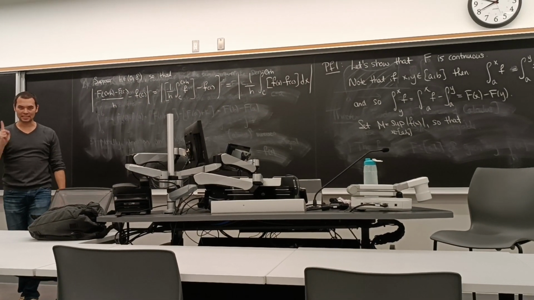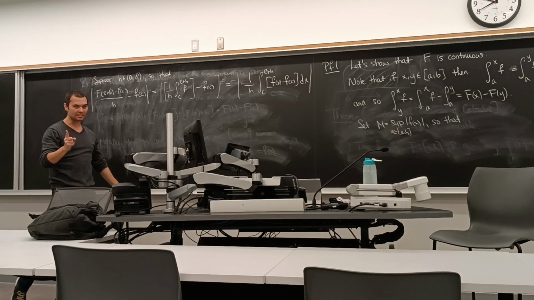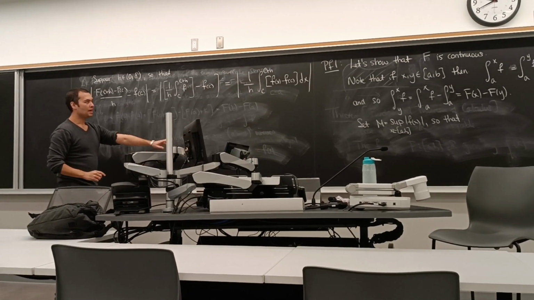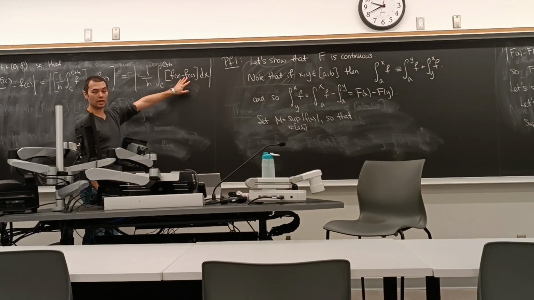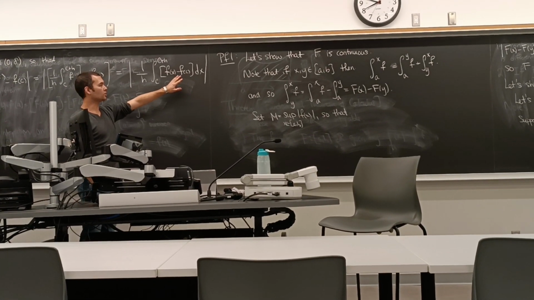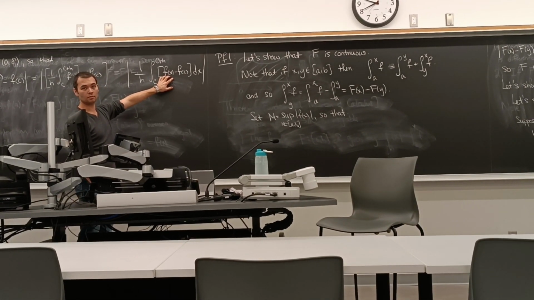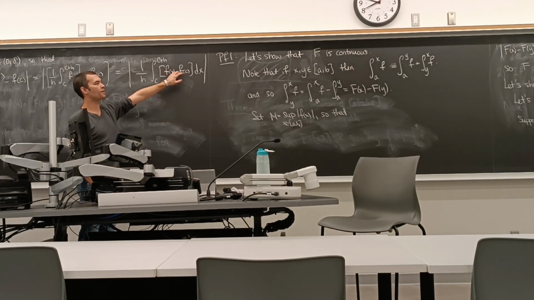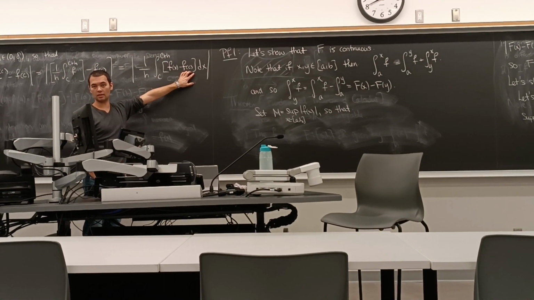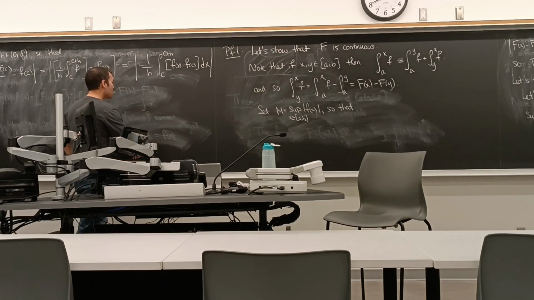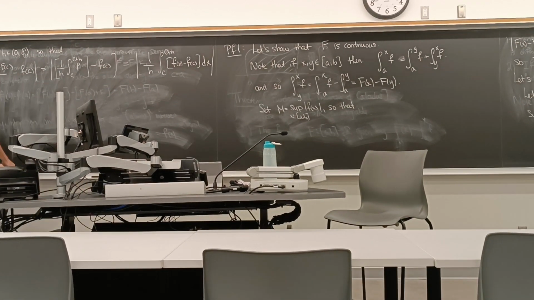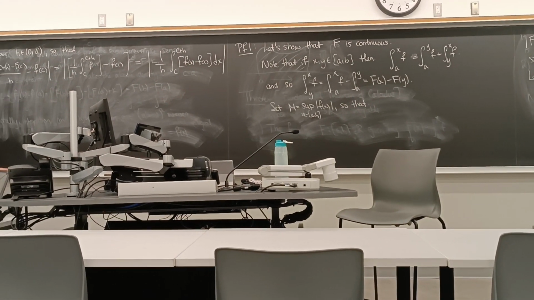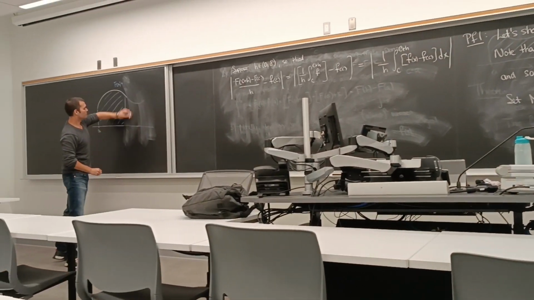Well, let's think about why this is okay. If I were to actually evaluate, by linearity of the integral I can split this up into the integral over f of x and the integral over f of c. But f of c is a constant.